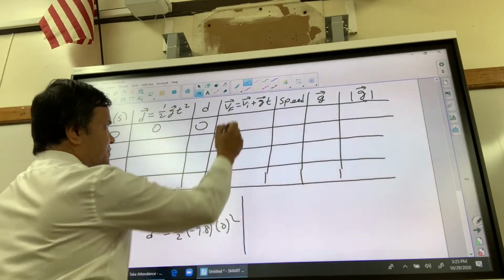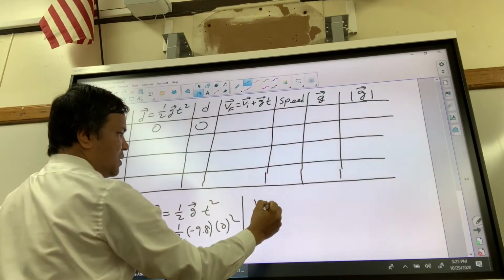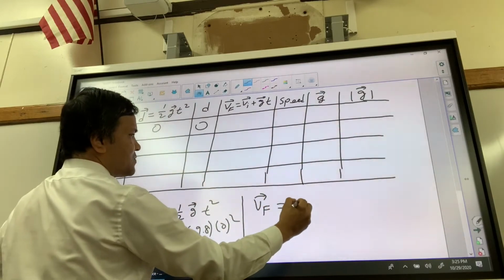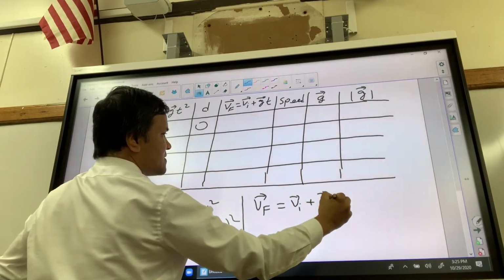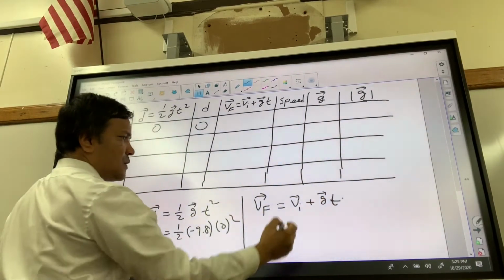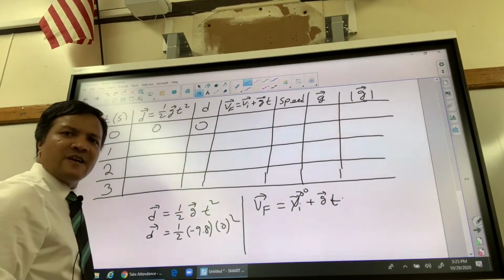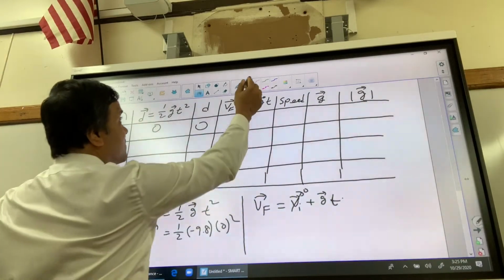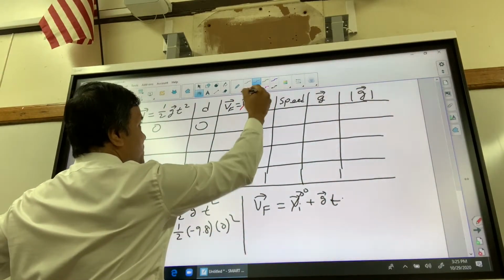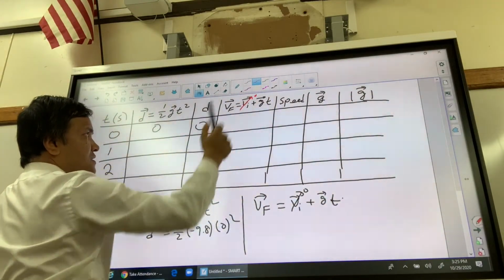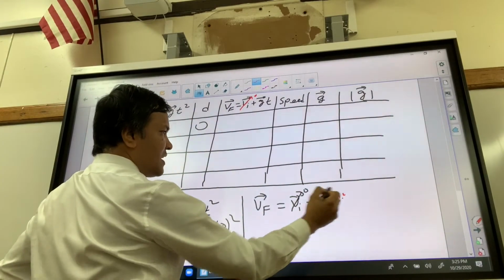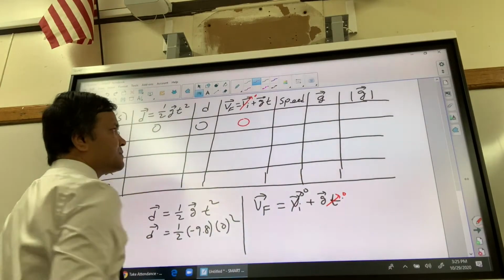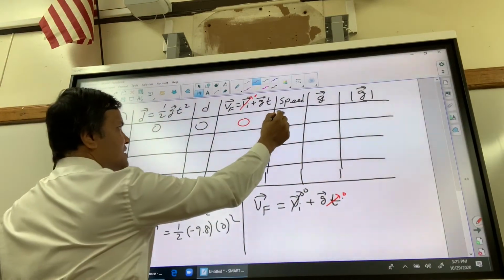If you use this formula to calculate the velocity at 0 seconds, you're also going to get 0. When you drop something, the initial velocity is 0, so you can set it to 0. If you plug in 0 over here, velocity is 0. The magnitude of 0 is of course 0.